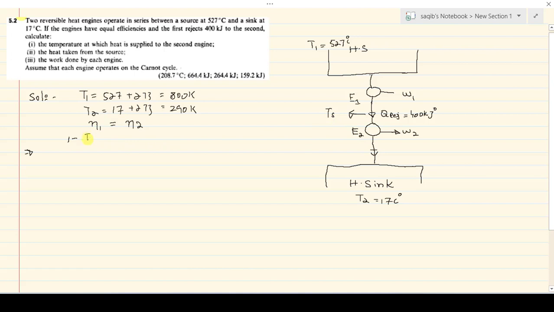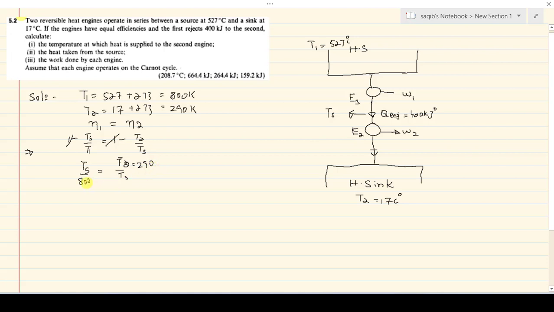So the 1 will cancel with the 1 and the minus signs cancel. So Ts divided by T1, that is 800, equals T2 divided by Ts, and this T2 is 290.